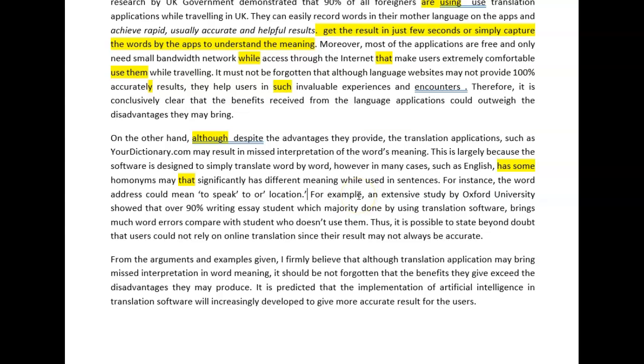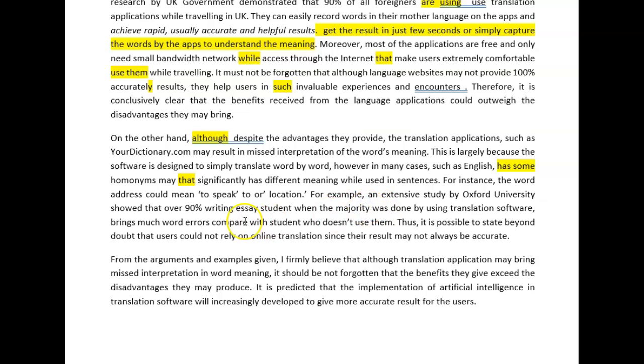For example, extensive studies show that over 90% of students' essay writing done by translation, or maybe when, because you're talking about time, when the majority was done by using translation software, brings many rather than much.